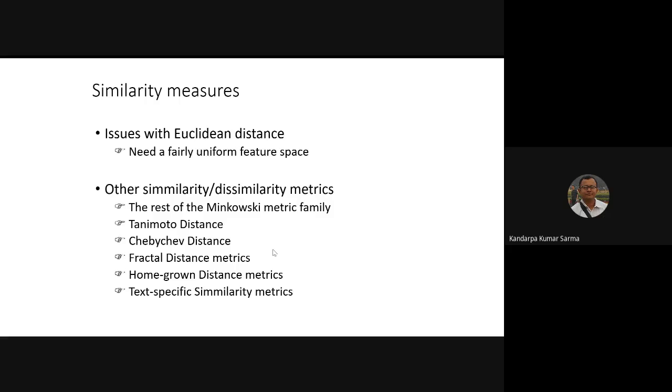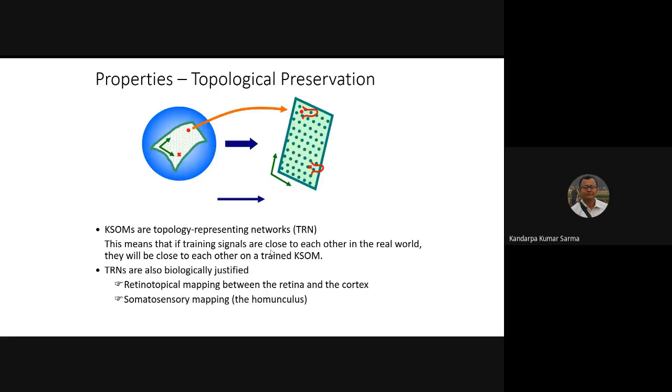Now, what are the similarity measures that you can use here? The most commonly used one is the Euclidean distance. Then there are some more metrics like the Minkowski metric family, Tanimoto distance, Chebyshev distance, fractal distance, the homegrown distance metrics, and the text-specific similarity matrices.